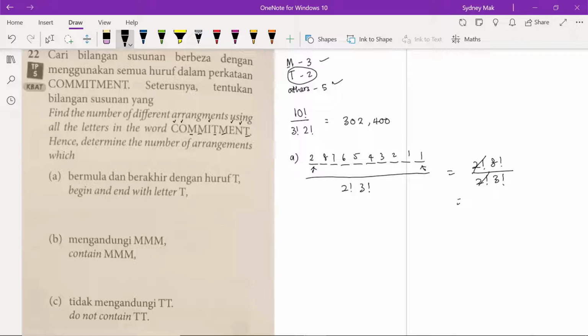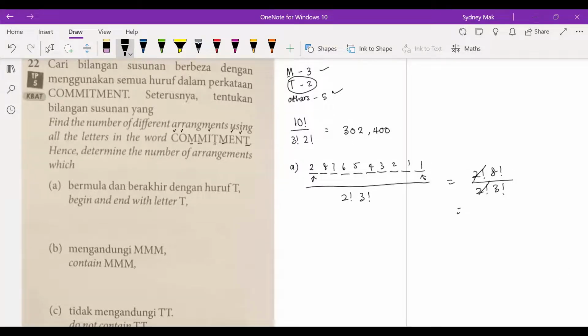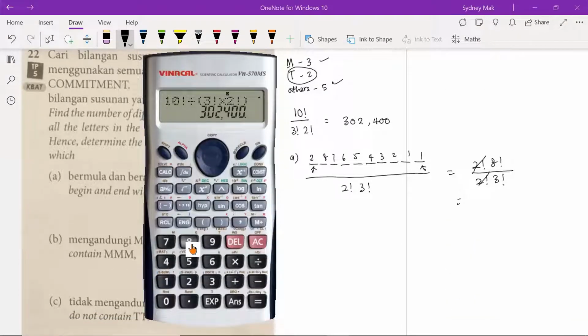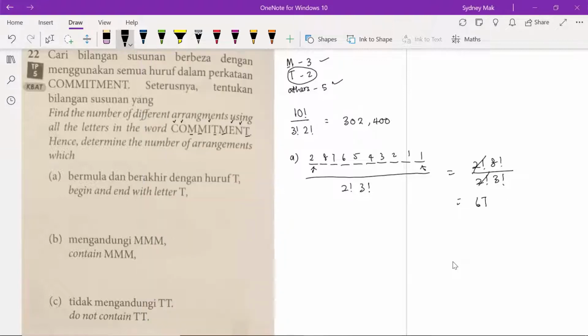Okay, the remaining part, we use the calculator to get the answer. So we have 8 factorial divided by 3 factorial. 6,720 ways. 6,720 ways. That's for A.